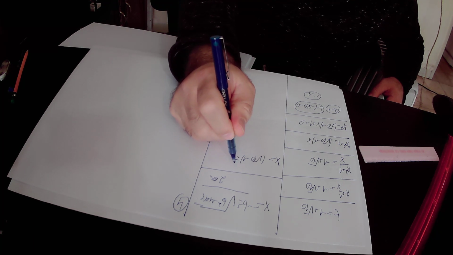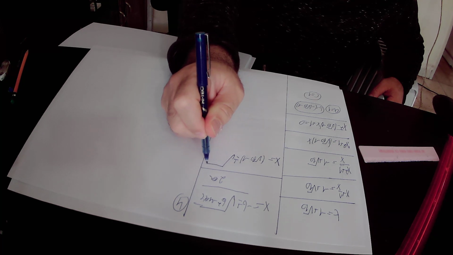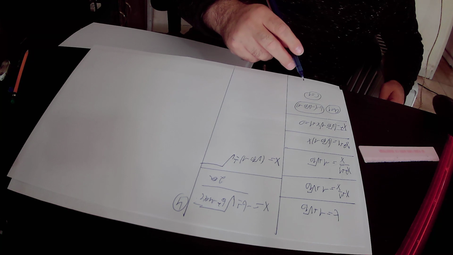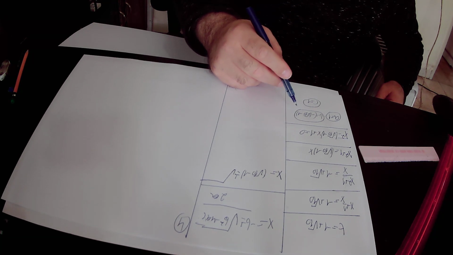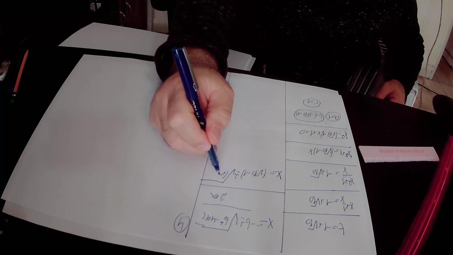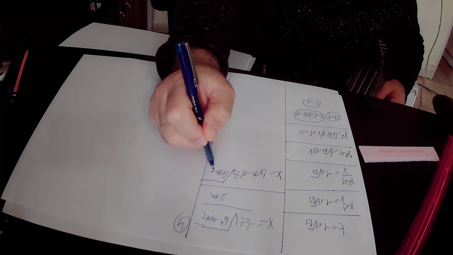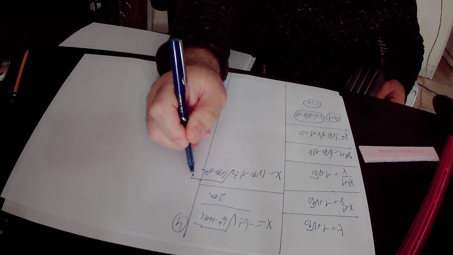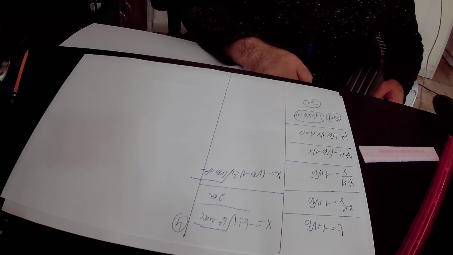Plus minus square root of b squared. So square root of b squared will be equal to square root of square root of 10 minus 1 squared, minus 4 times ac. A equals 1, c equals 1.